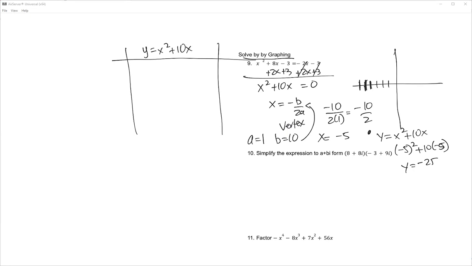Plug in -4 and -6. Remember that if I plug these in for the x, they're gonna have the same y value because they're both symmetrical on both sides. So y is equal to -4 squared plus 10 times -4, which is 16 minus 40, which is -24. So it didn't really go up that much going one way or the other.